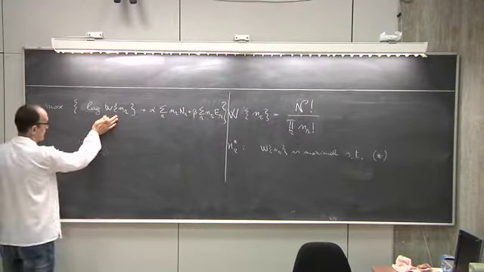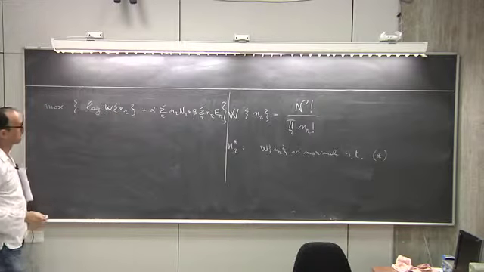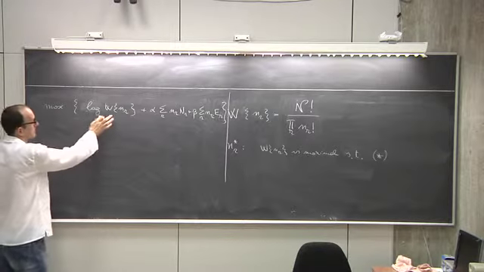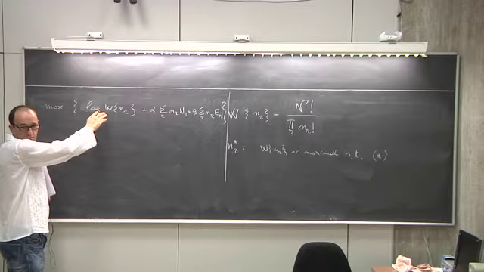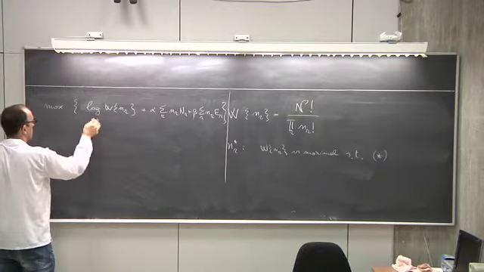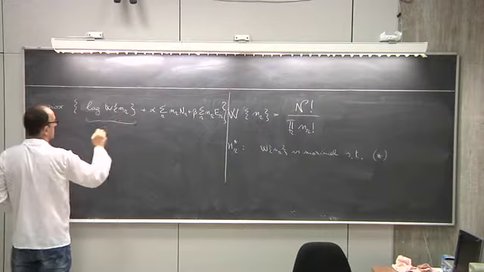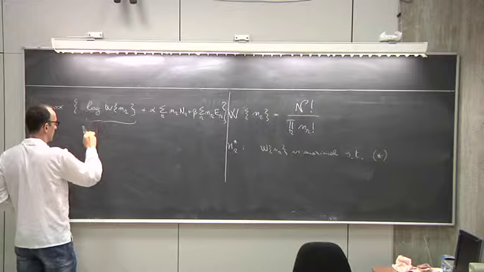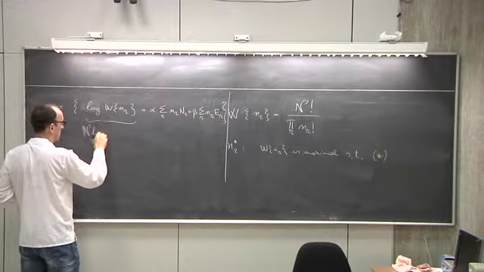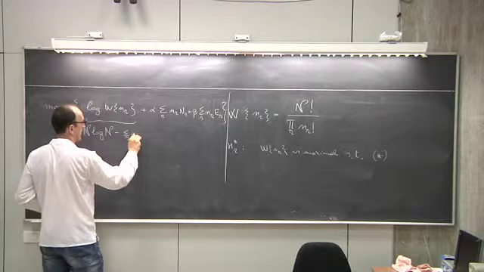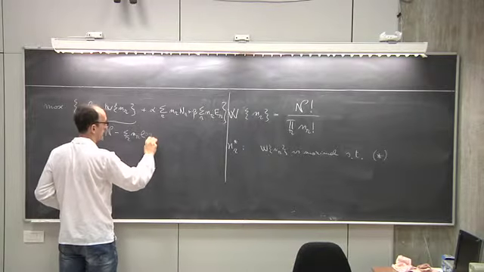You can use the Stirling approximation to compute this, and then this is n log n minus sum over r of nr log of nr.